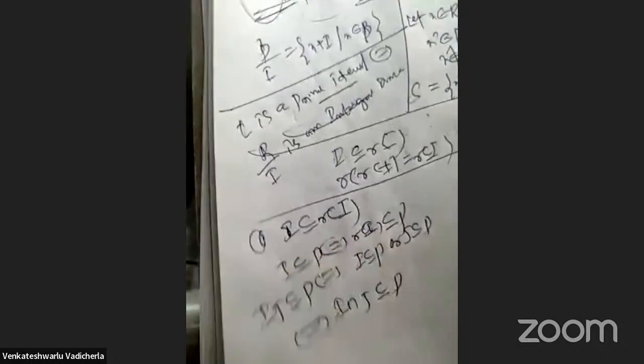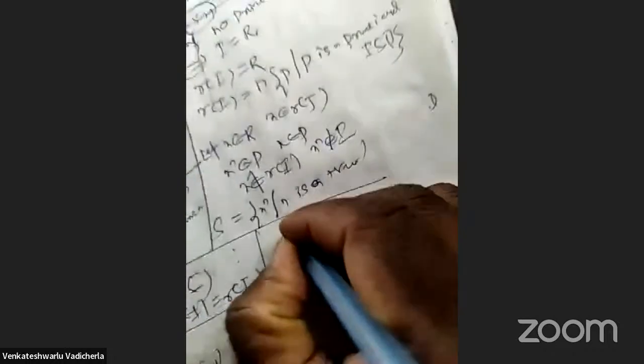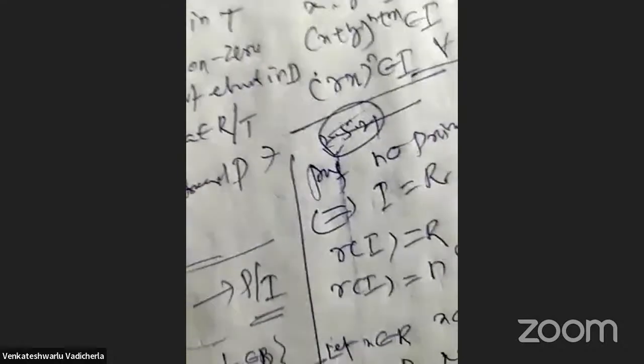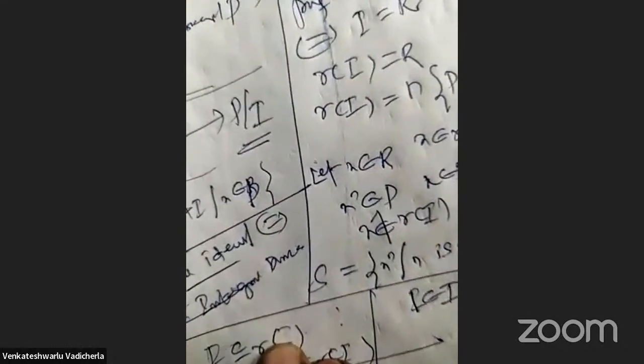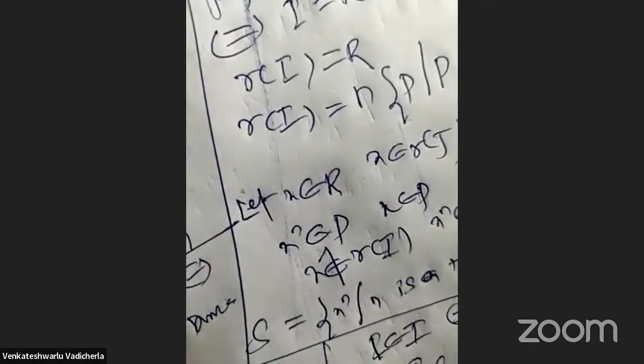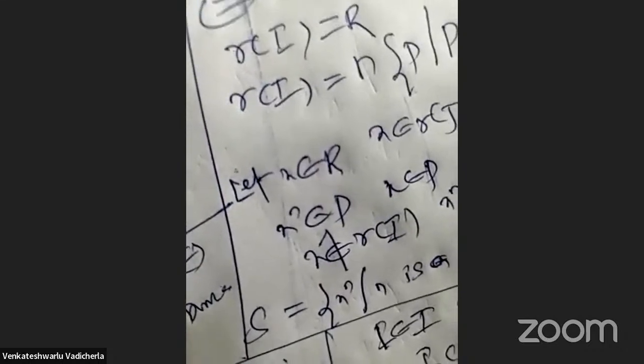Four follows from three. 1 belongs to I if and only if 1 belongs to R/I. Now, since I is a subset of or equal to R/I, J is a subset of or equal to R/J.